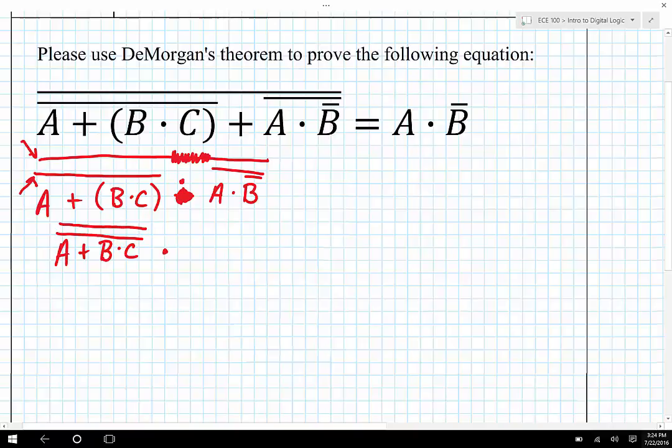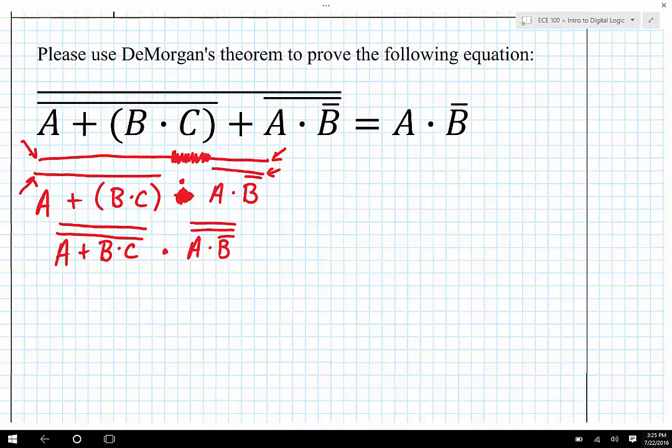Now that's ANDed with A and not B, again with 2 overbars. Again, the first one came from the original one that was in the problem, and the second one came from the right half of the big one that we just broke up. So that was DeMorgan's theorem in action. You can break up an overbar into 2 halves, always start with the longest overbar, and if you do break it into 2 halves, you have to flip the operator from AND to OR or from OR to AND.